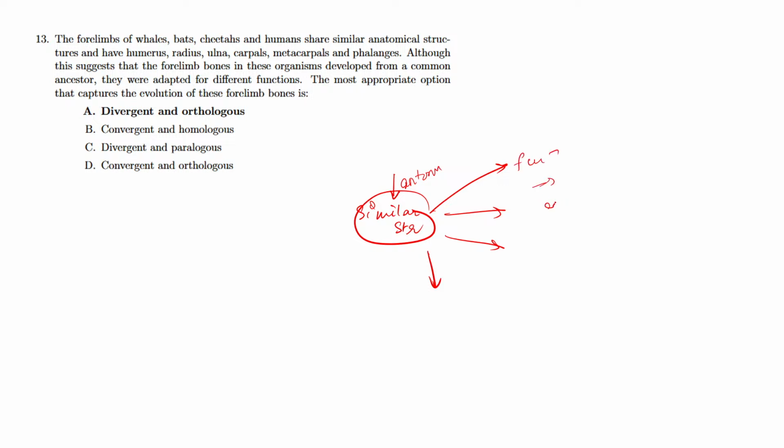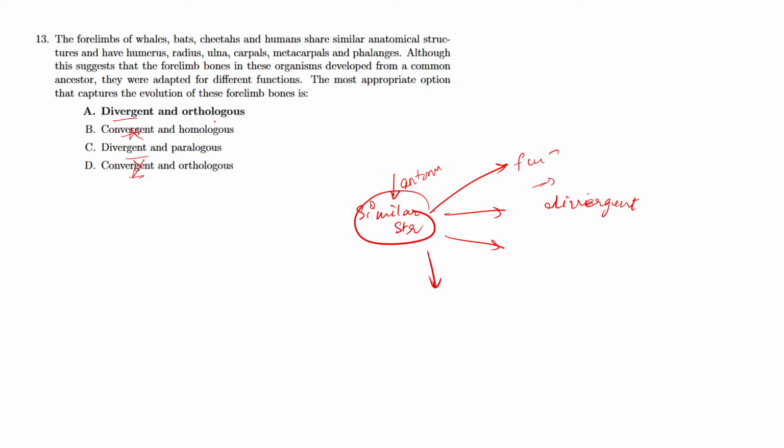So this is an example of divergent evolution. Also, this is a case of homology. So what is homology? The structure is the same, but the functions are different. So let us check over here. I have divergent, convergent, convergent. So the convergent option gets eliminated.